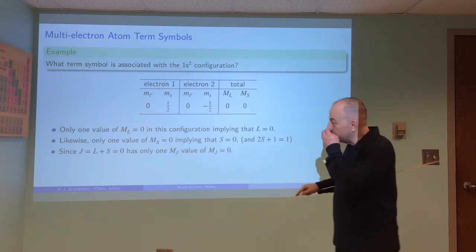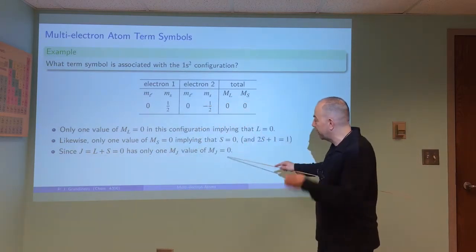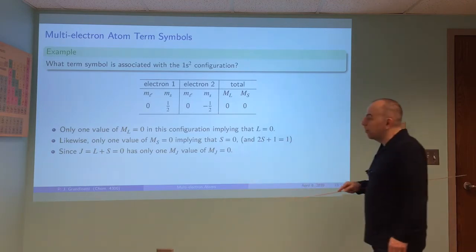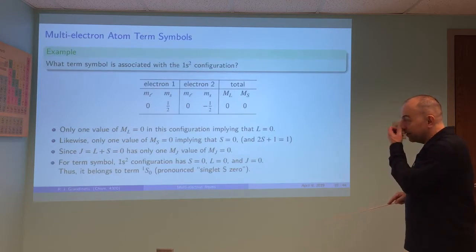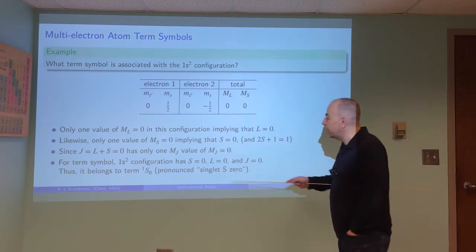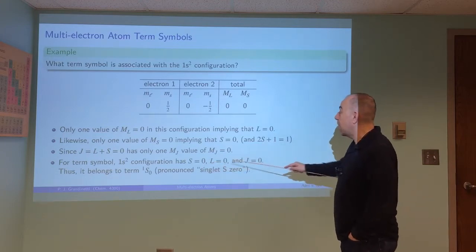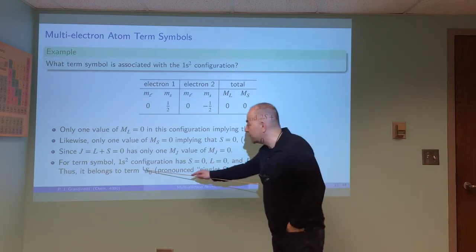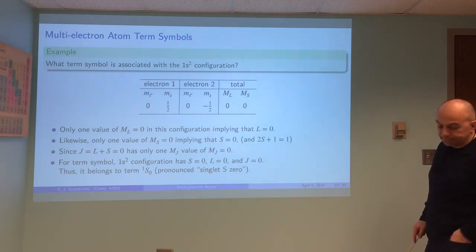So the total J, which is going to be L plus S, is also going to be 0, and clearly you're only going to have one m_J value allowed in this case. So for the term symbol, we have everything we need. We know S, total L, total J, all of them are equal to 0. So this becomes a singlet S0 state. All right.